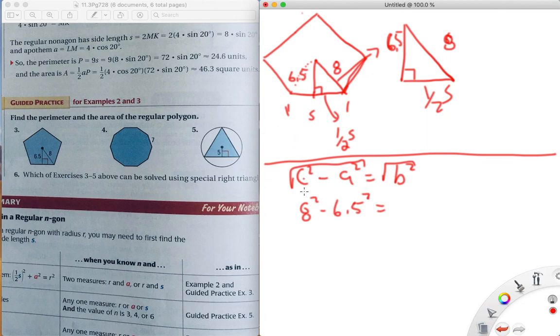Now we're going to square root it. 8 squared minus 6.5 squared gives me 21.75, and we're going to square root that. And that gives me a very long number, 4.664.